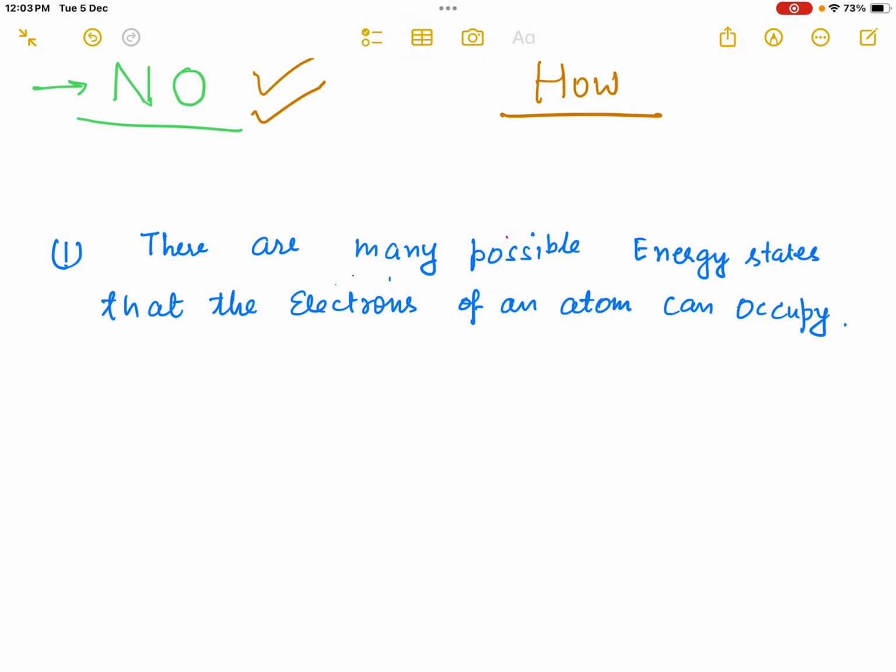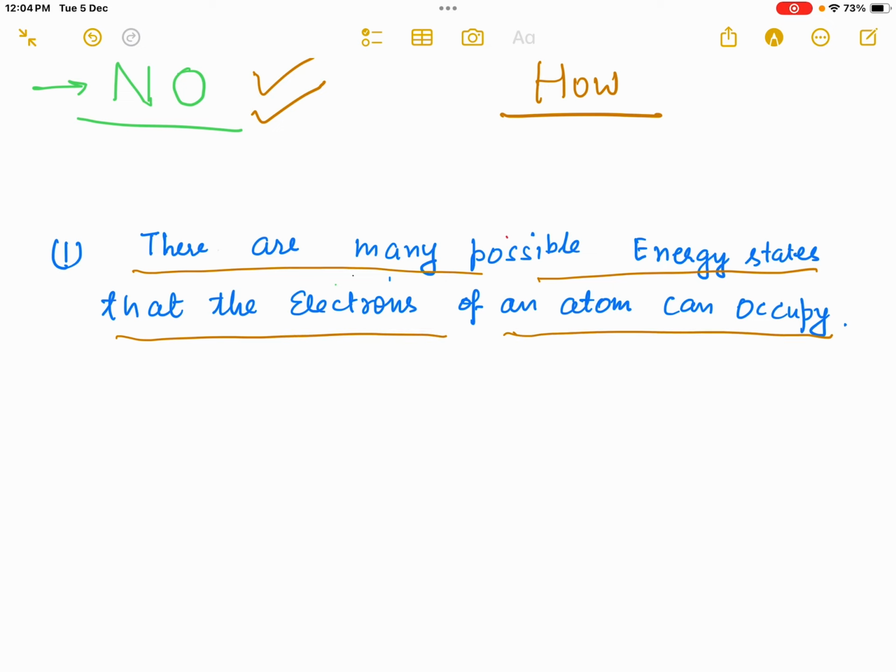See, there are many possible energy states that the electrons of an atom can occupy. There are some electrons which are in excited states, meaning they occupy the orbital which has higher energy than the ground energy level. So some electrons are at an excited state, and in some atoms the electrons are at the ground level.